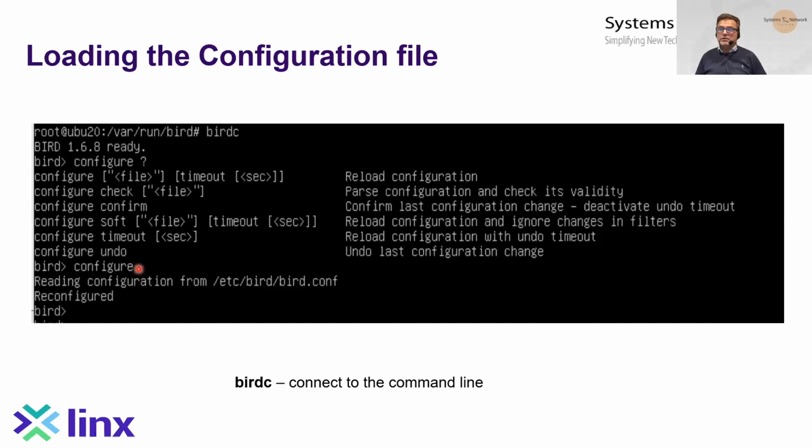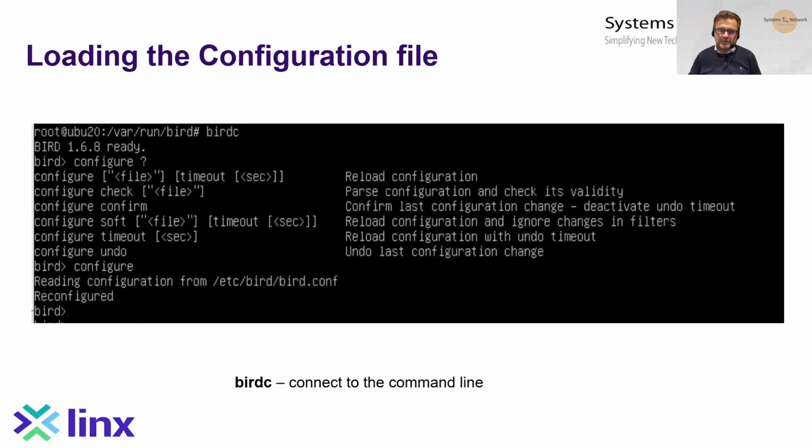And if there are any changes in there, it'll tell you about them. For example, if you made some changes to this configuration file, it'll tell you that it's now reconfigured and it's up to date with the changes that you made in that file. So it's very versatile, and we can swap very easily between these different files.